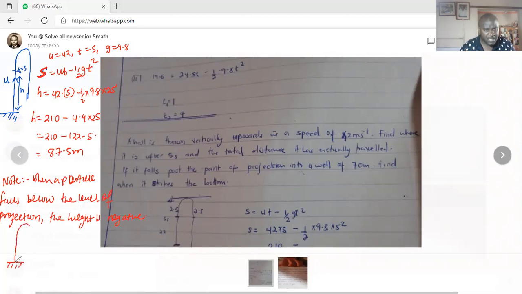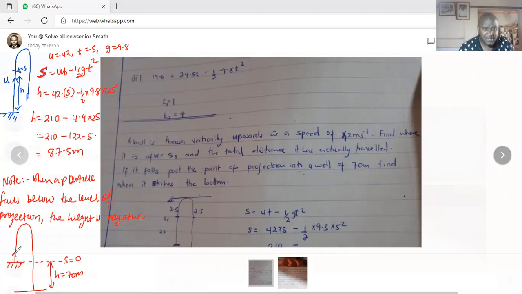So if you look at this as our question, and this is where it was projected, it went and then came back and fell down this way into a well, which they have told us has a height of 70 meters. When the particle comes back to this level of projection, the displacement is 0. So the only height it's covering is the height below, but the height below is negative.